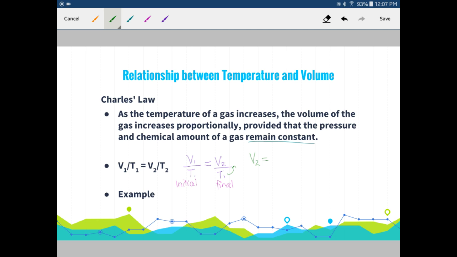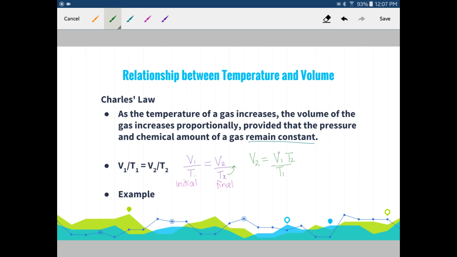So V2 would equal V1 over T1, and because I've multiplied, this should say T2. Since I've multiplied T2 up to the top of my equation here, because this is just a fraction, it's just a divide sign, then I can record T2 on the top of my fraction here.